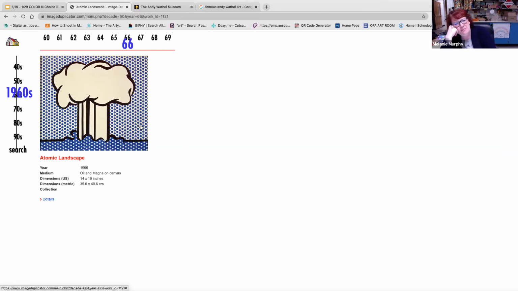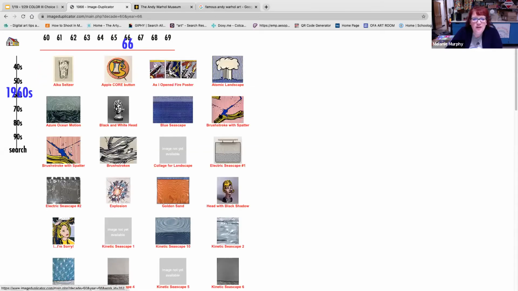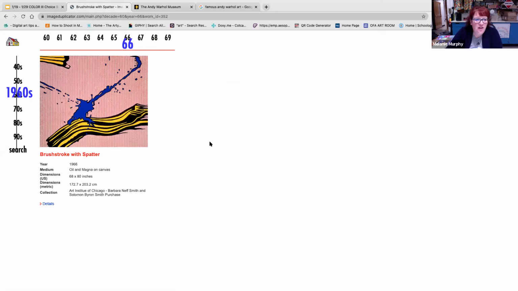Now, these aren't really mixing so much because they're only one color, but do you remember when we were looking at those, you could put things next to each other that were two different colors and they would mix to make that third color, like blue and yellow make green. The Ben-Day dots come from comics, and he was using them all the time in his artwork.